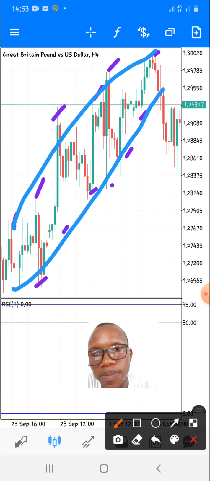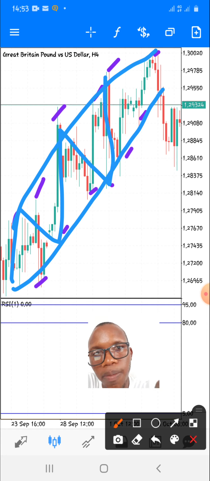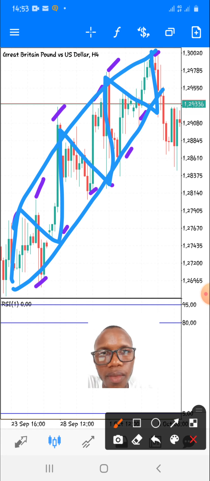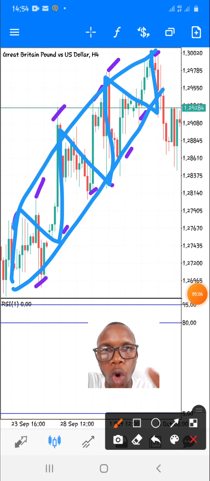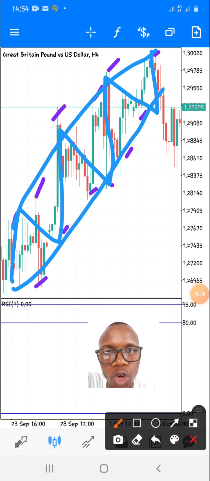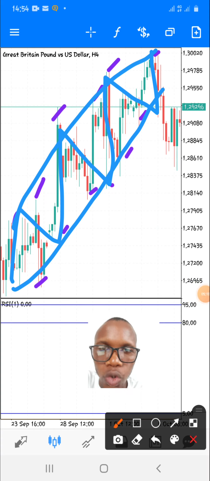So the market will move from this direction downwards, you see. So here we can say that the trend is going up. It's an uptrend. The price has decided to go long.